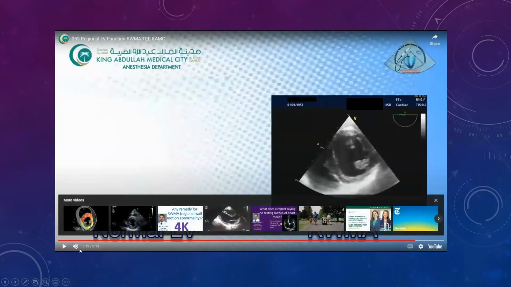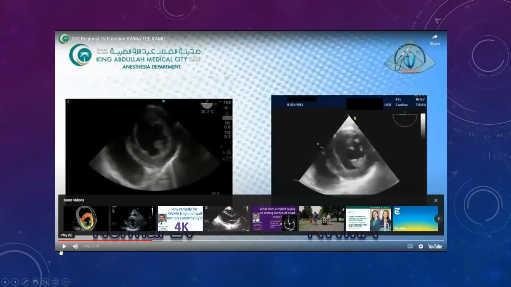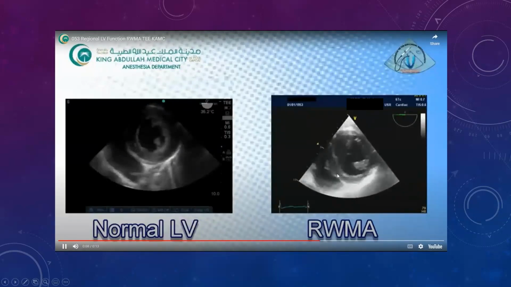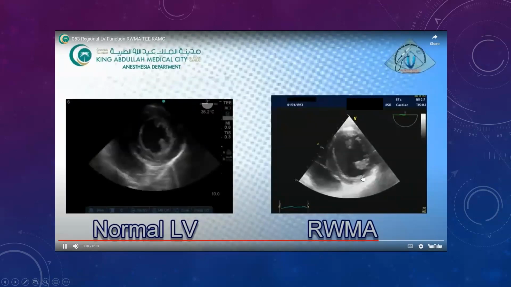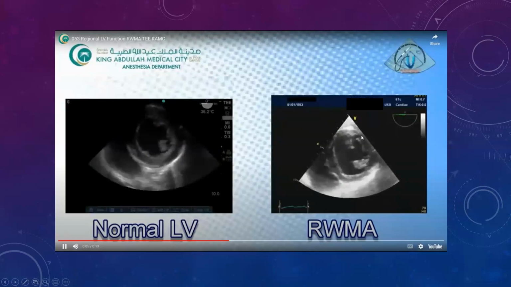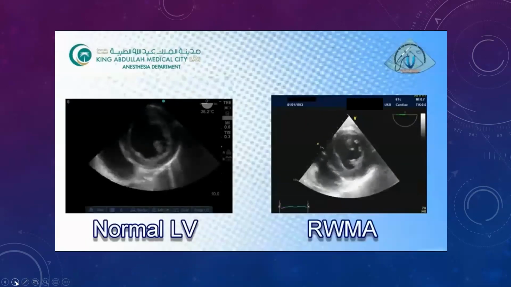Remember, this is the opposite of your transthoracic parasternal short. So I'm actually glad you said that, just because you have to remember that this is the mirror image of that. So anterior is going to be towards the bottom of your screen, and inferior is going to be towards the top. So that's going to be a really bad looking inferior wall. You got to suspect a RCA problem.